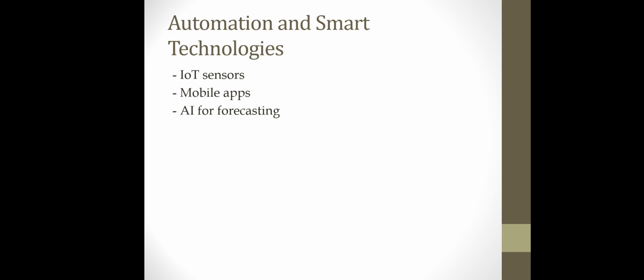And also for managing the crop growth, we are moving to automation technologies and smart technologies. With the help of sensors available in the market today, we are utilizing these kinds of sensors in the farmland, for example IoT sensors, mobile applications, and AI forecasting.